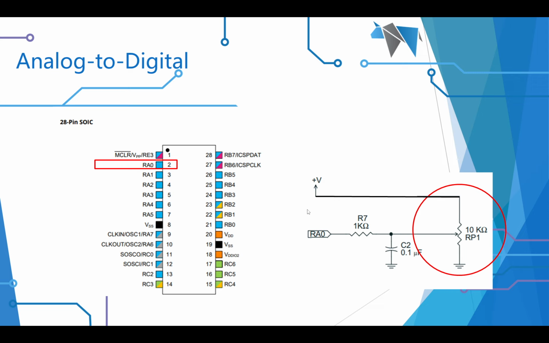It says 20 pin SOIC. Don't worry about that. It's attached to RA0. That doesn't really matter, but the circuit's important here. I've got a 10K rotary pot, that big red circle, and it's connected to RA0.